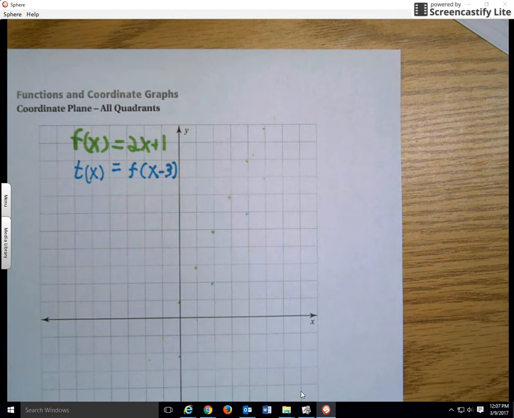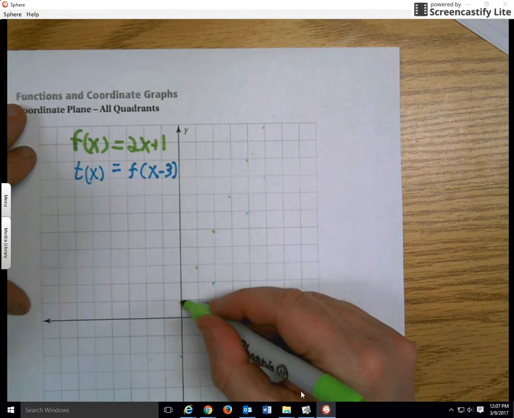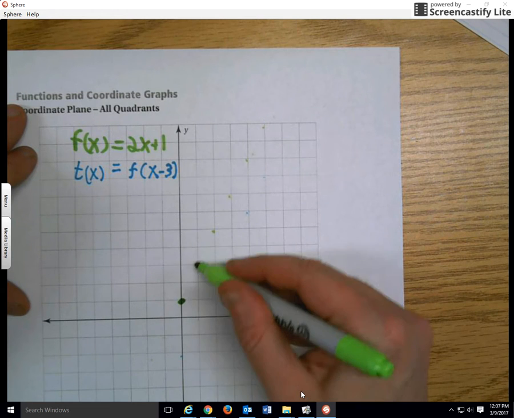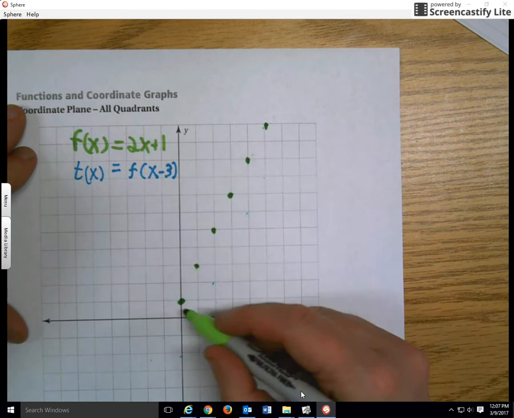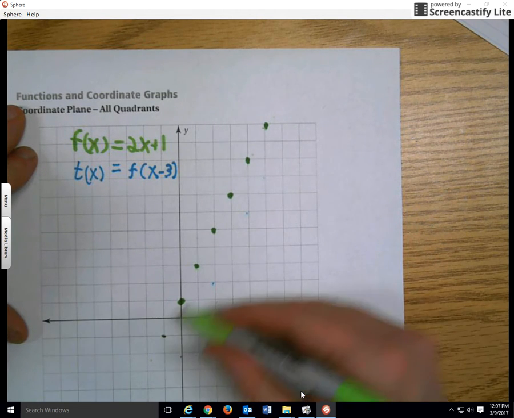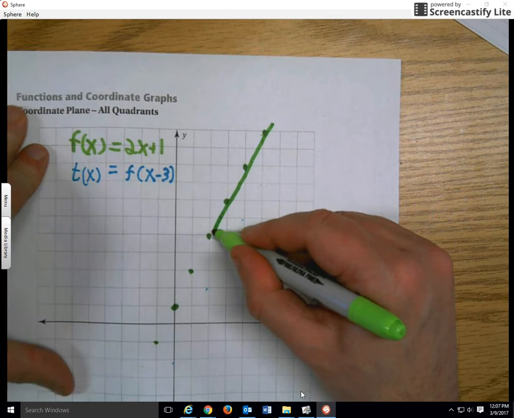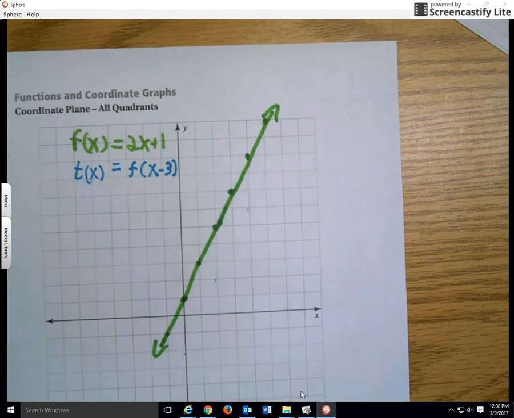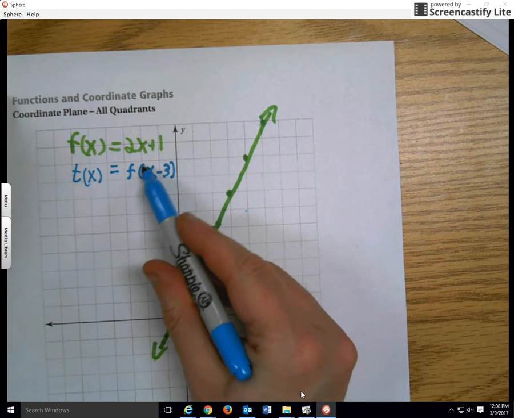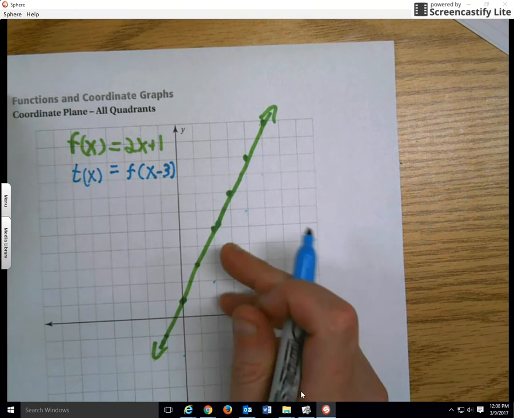One more example, and then we will be done with this idea. So again, I took the same parent equation, 2x plus 1. I'll start at positive 1. I'll go up 2 over 1, up 2 over 1, and down 2 over 1. I'll draw my original graph. And then how is it shifting? How is it transforming? What's the translation? Well, it's inside the parentheses, so that's a horizontal transformation.